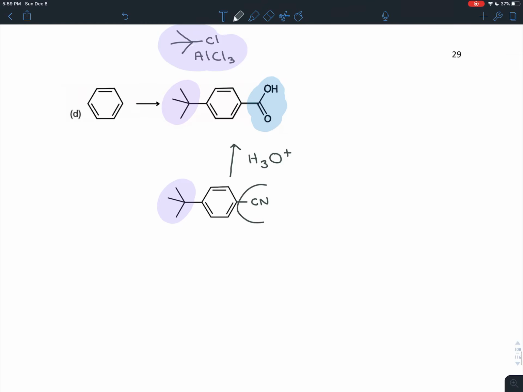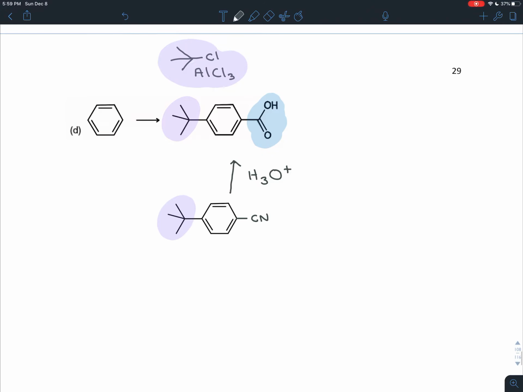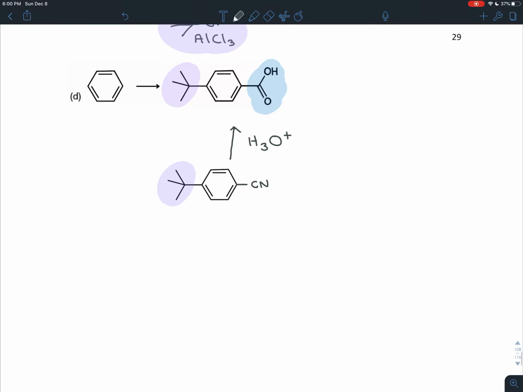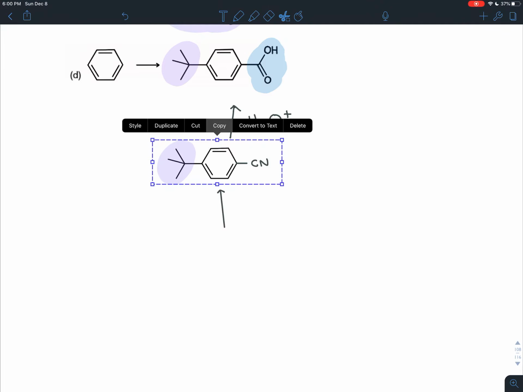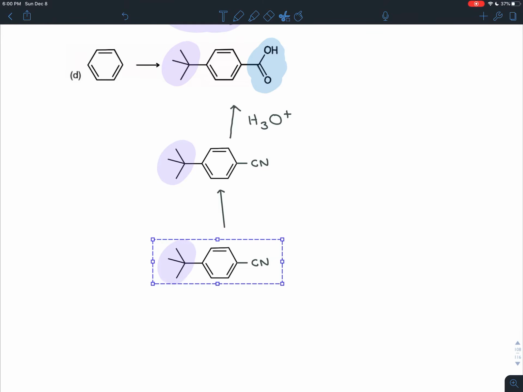But how can we get a cyano group on there? I might have said nitrile a second ago. I meant cyano. It's not a nitro group, it's a nitrile. Once it adds onto a carbon chain as a group all by itself, it's called a cyano group. We learned how to put a cyano group onto a benzene ring in this chapter. We could have it as a nucleophile that attacks a diazonium ion and displaces the two nitrogens.